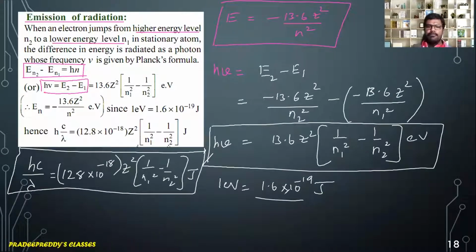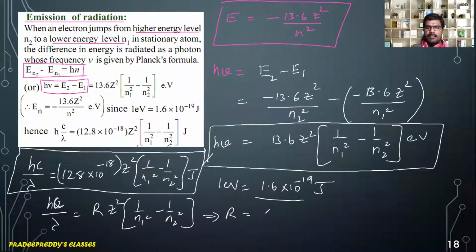Or you can still write it as hc divided by lambda is equal to some r, which is a constant, Z square into 1 by n1 square minus 1 by n2 square, where this r is called the Rydberg constant.